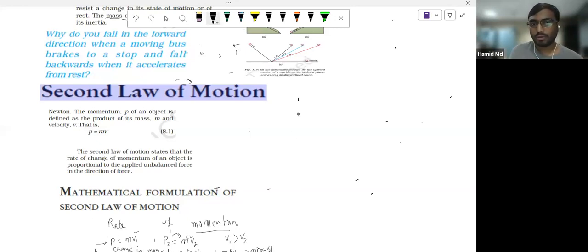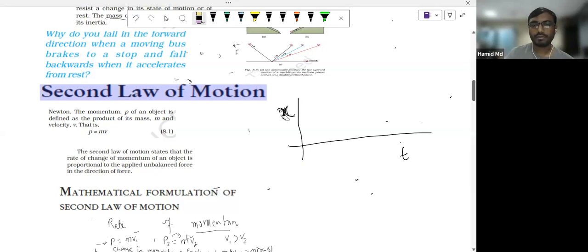Okay, so this is a position-time graph. This is time, and this way is position. A position-time graph will give you velocity, right?